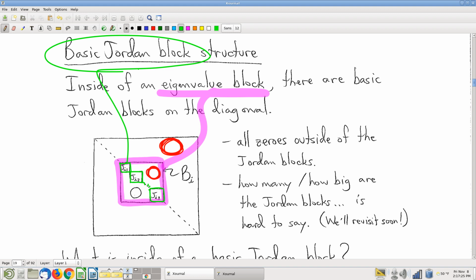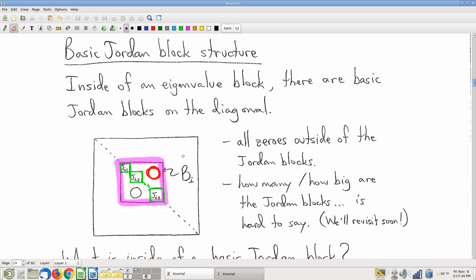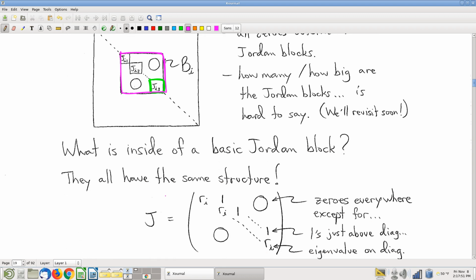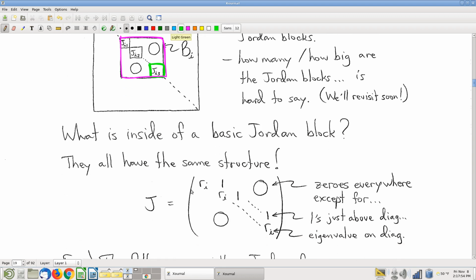Okay, eigenvalue blocks, inside of which are basic Jordan blocks. Inside of which now, let's look at this, for example, a basic Jordan block inside of an eigenvalue block, and inside of the basic Jordan block, good news, it's always the same.